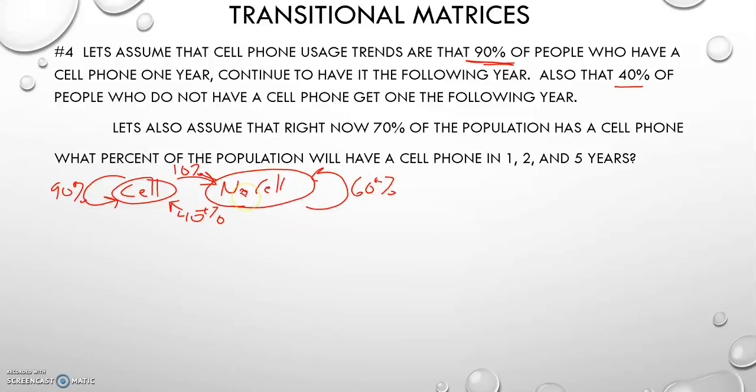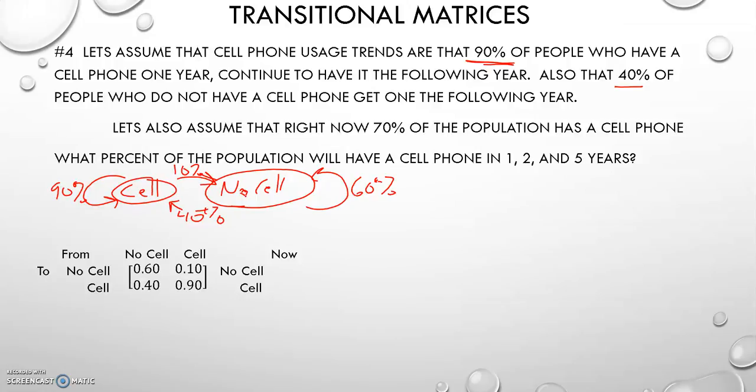And so this is what this would look like in a transition matrix. A transition matrix just describes the trend going from one situation to the following year.